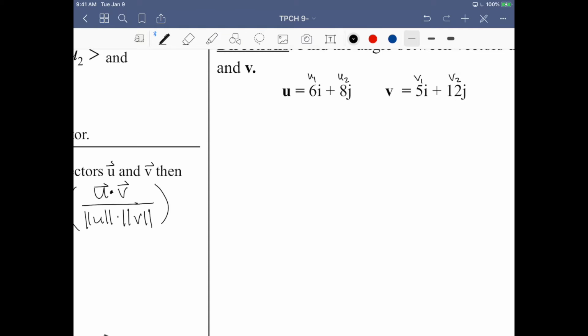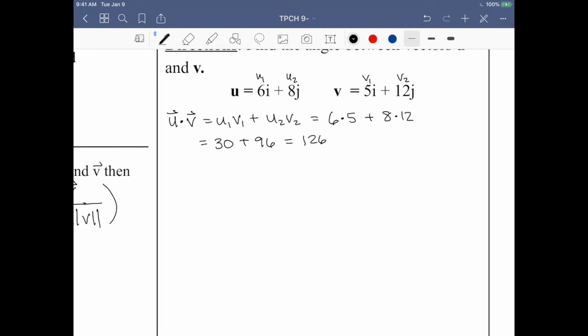So I need to first find u dot v, which is going to be u1 times v1 plus u2 times v2. So u1 is 6, v1 is 5, and then u2 is 8, v2 is 12. So 6 times 5 is 30, 8 times 12 is 96, and 30 plus 96 is 126.